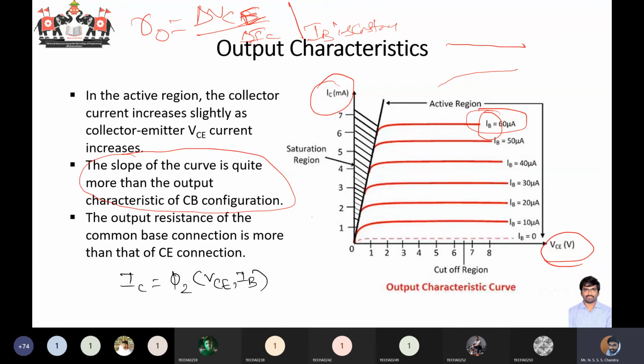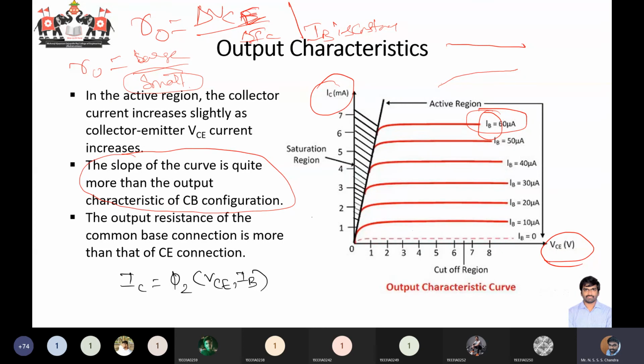So you can see that irrespective of VCE, your IC is almost constant. So I can say that R naught again: delta VCE is large, whereas change in IC is small. So here also your R naught will be a relatively large value. But however, this will not be very large. Your delta IC will be comparatively larger than in the CB configuration.